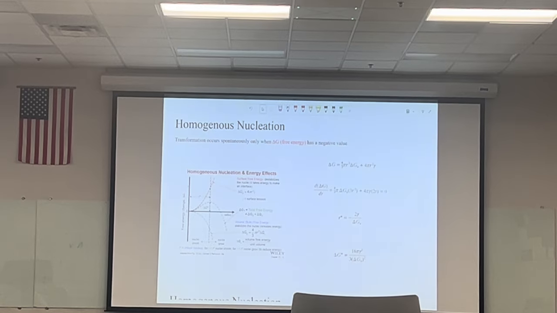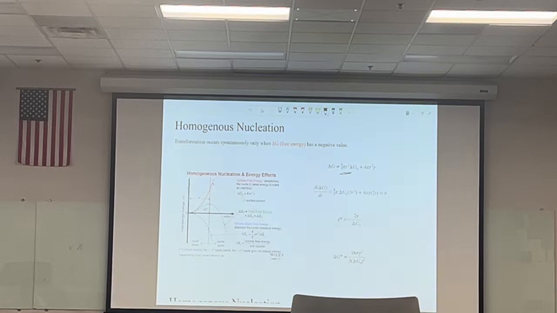Basically it's the sum of two terms. The first term, this one here, is the volume bulk energy. So we have the volume of a sphere times delta GV, which is our volume free energy. And we are assuming we have a sphere as our nucleus.